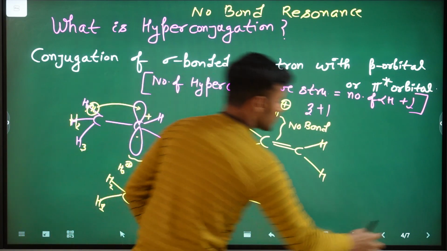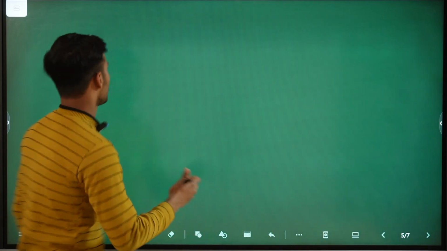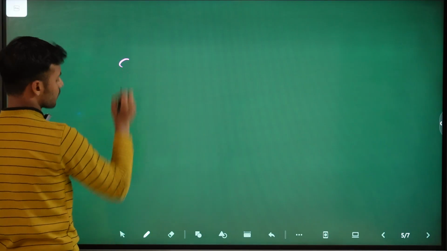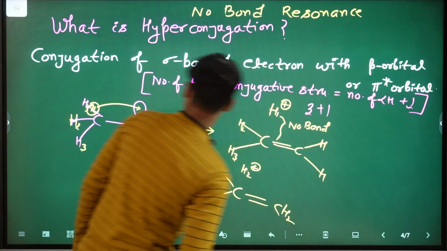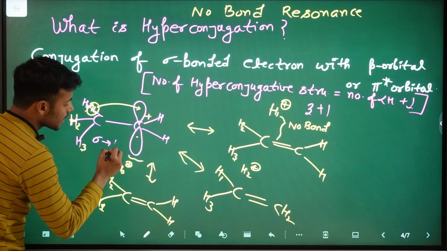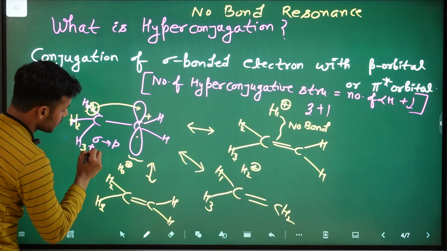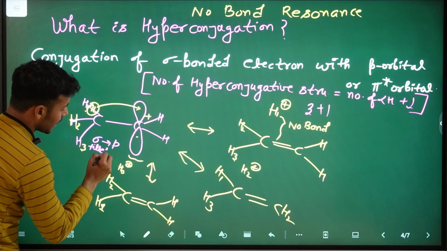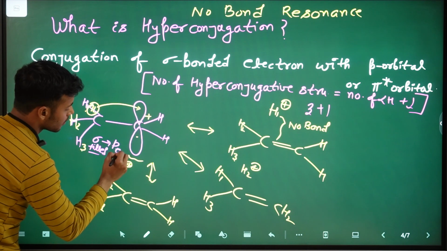Now we will see the example of alkene. Here sigma to pi, empty pi, this is filled and this is empty.